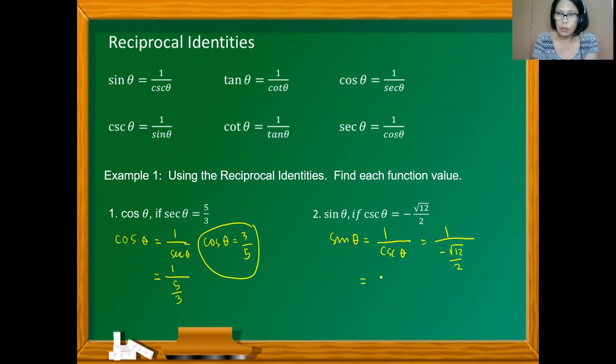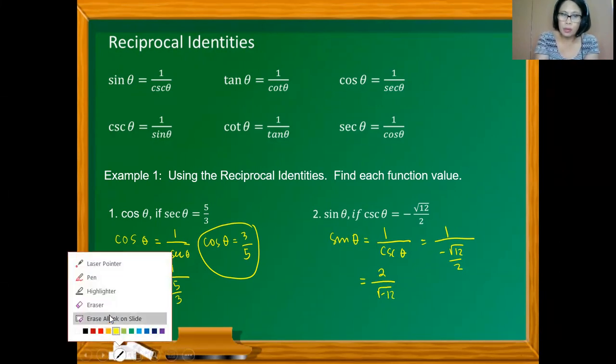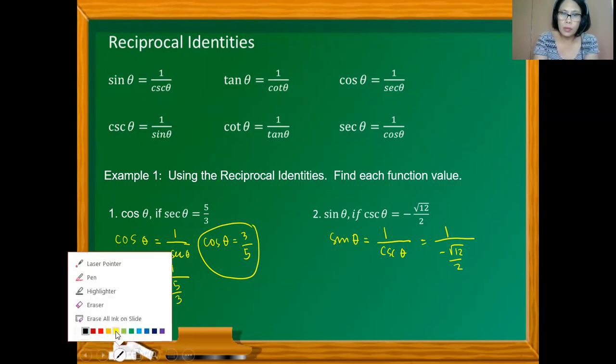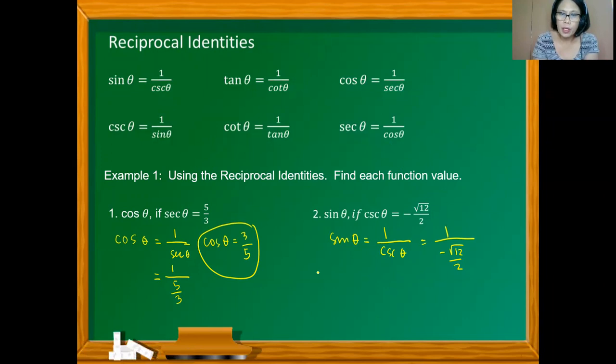So this is equal to 2 over square root of 12. But do not forget the negative sign. So we have sine theta equals 2 over negative square root of 12.